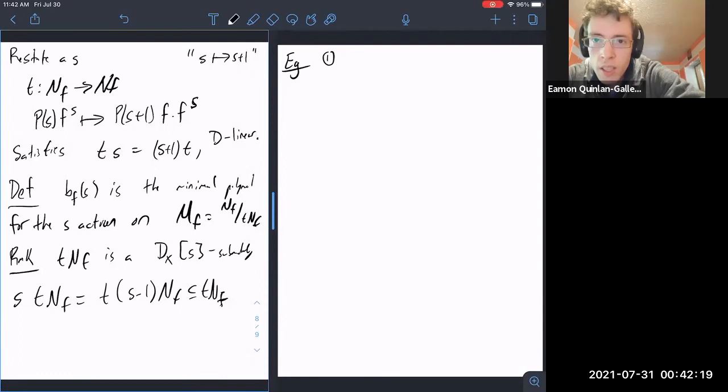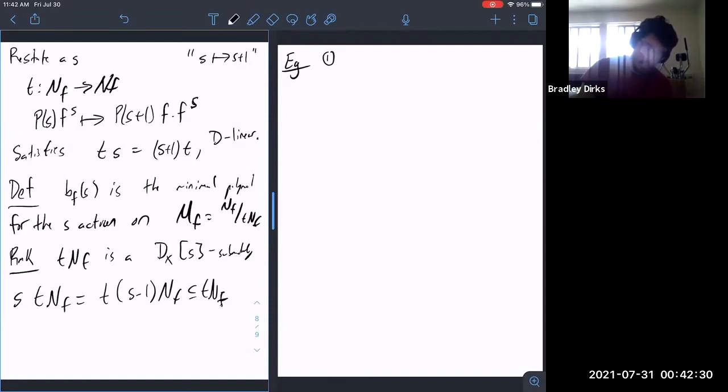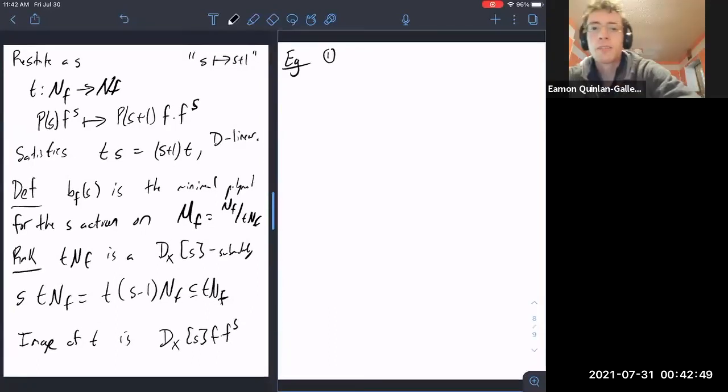It seems to me that this T that you wrote would be all of D[s] times f^s. Yeah, I think the image should be exactly that, because you could always plug in P(s-1). So maybe I'll comment: the image of T is D[s] f times f^s. Okay. Thank you.